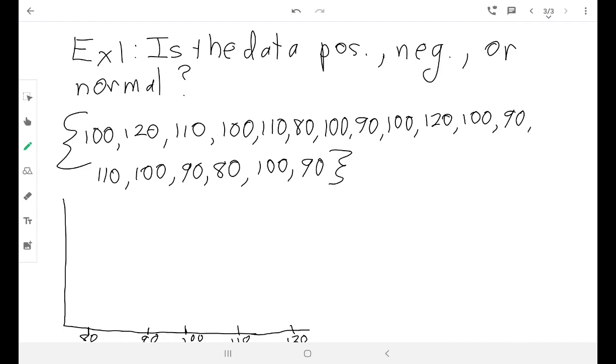And over here, we're going to count. It might do us good to know the minimum and maximum numbers here. I've only got 2 instances of 80, and I think that's the least amount. I've got 2 instances of 120 also. So I'm going to count by 2s.